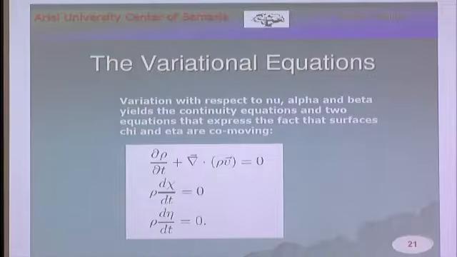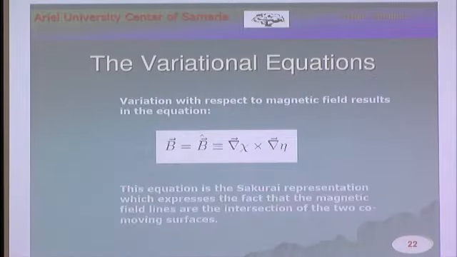So it's a trivial matter. If you take a variation with respect to nu, alpha and beta, you get the continuity equation and 2 equations that express the fact that the surfaces chi and eta are co-moving.